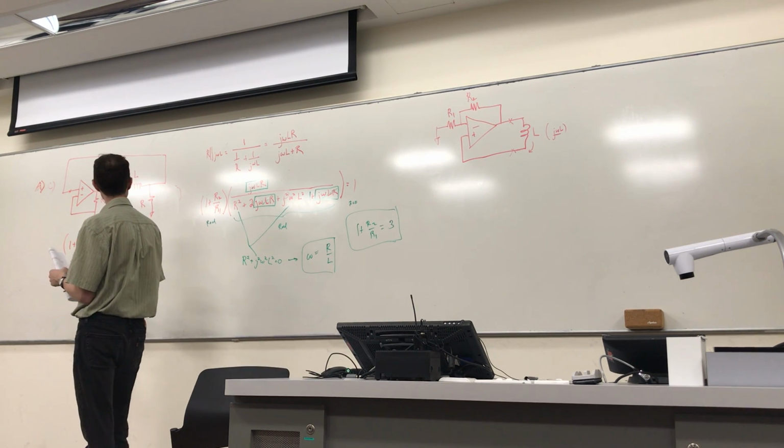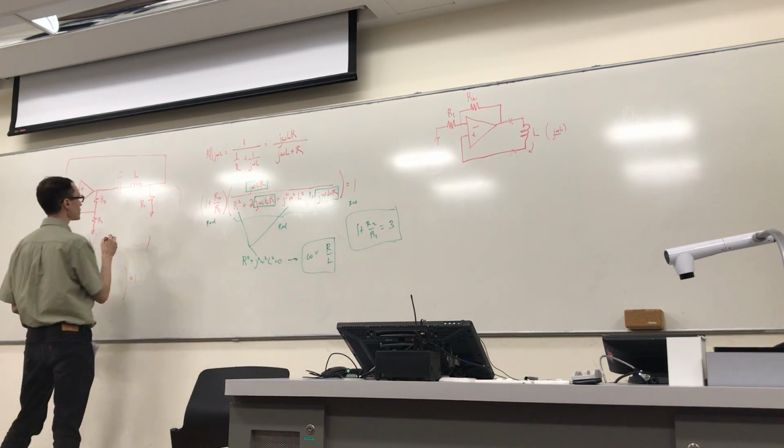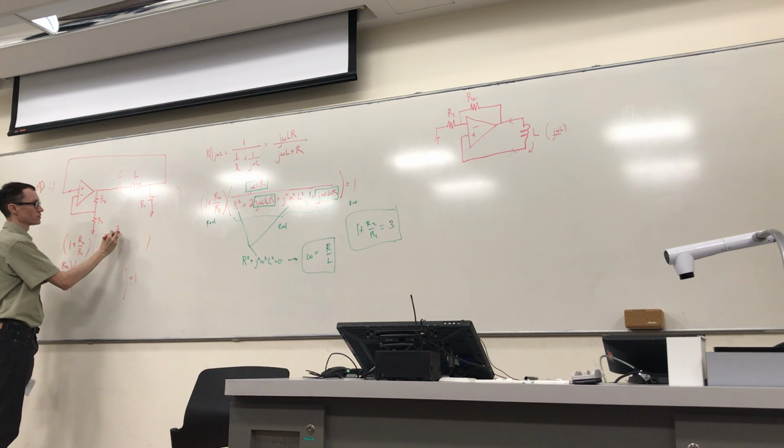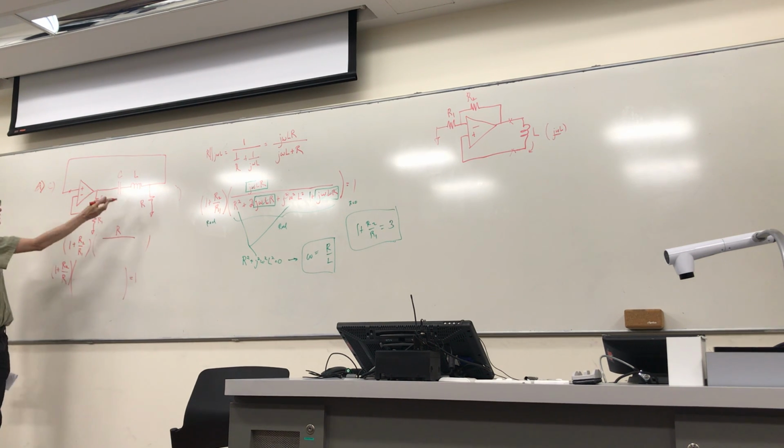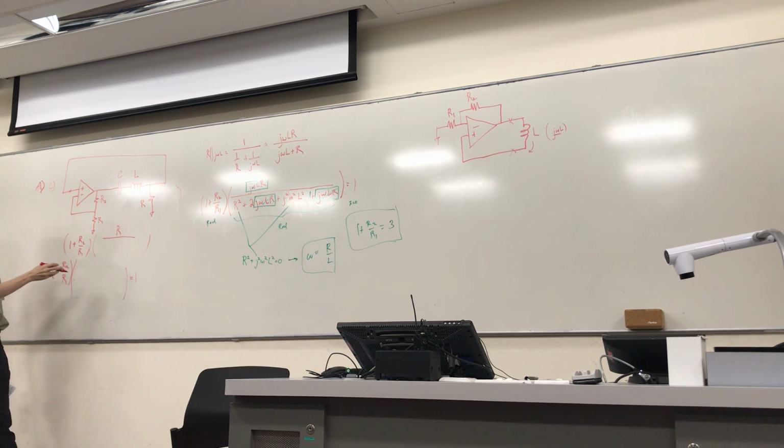And again, I can use voltage division here to find the gain through this filter. I know it's going to work, right? This is a bandpass filter. Should be fine.